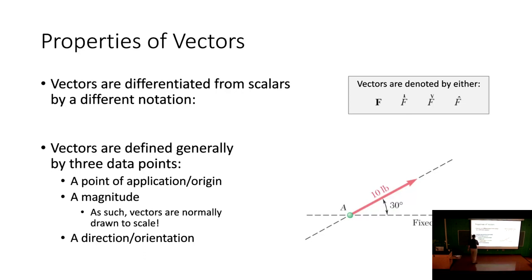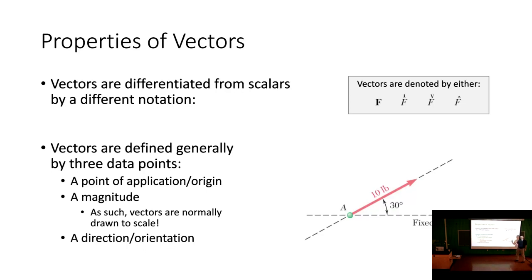Now, graphically or mathematically, vectors are generally defined by 3 data points. This would be an example of a vector. The first thing we need to know is the point of application, where we're applying the force. Let's say we're applying it here.